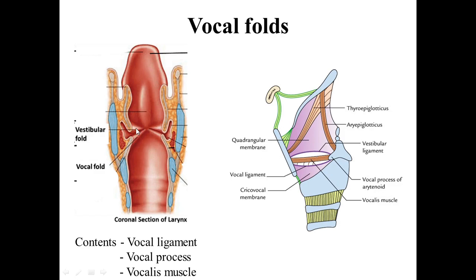That fold is called the vestibular fold, while the vocal ligament, the vocalis muscle and the vocal process of arytenoid cartilage are covered by mucous membrane, which is lined by stratified squamous non-keratinized epithelium, and that mucosal fold is called the vocal fold.